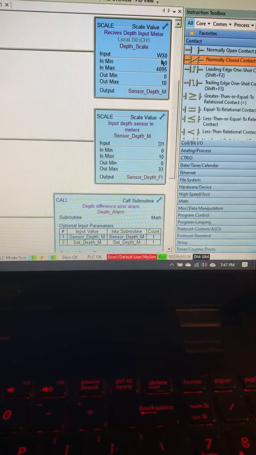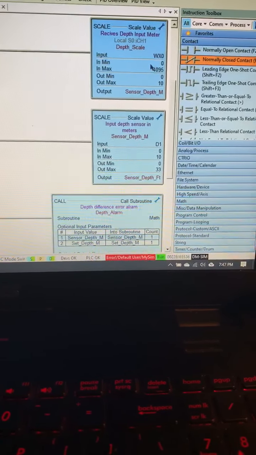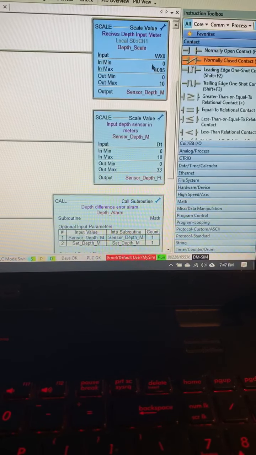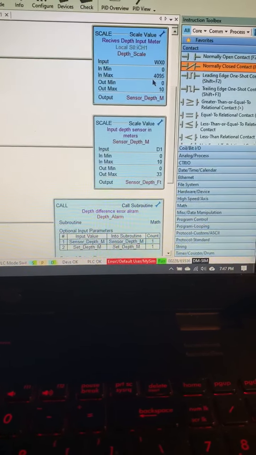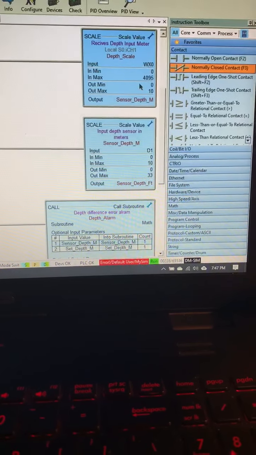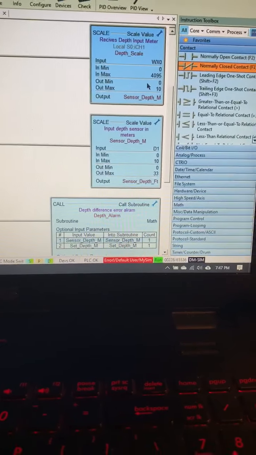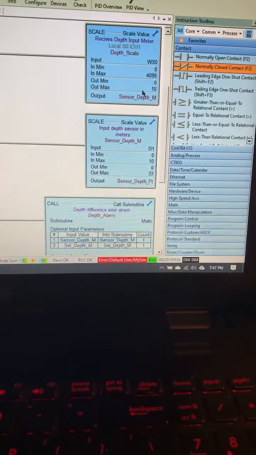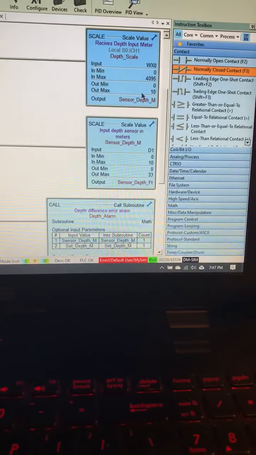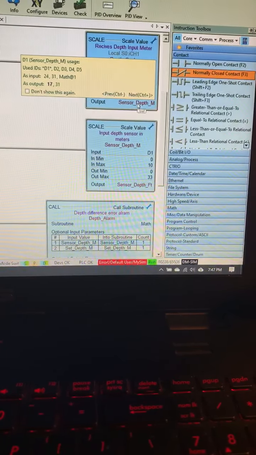So this WX0 is the sensor for the depth, and we're using the full capability of the analog as if we were using the full capability of the sensor. At nothing, it is 0 meters. If it's the full capacity of the sensor, it's showing 10 meters deep. And it outputs on this one here, which is D1.